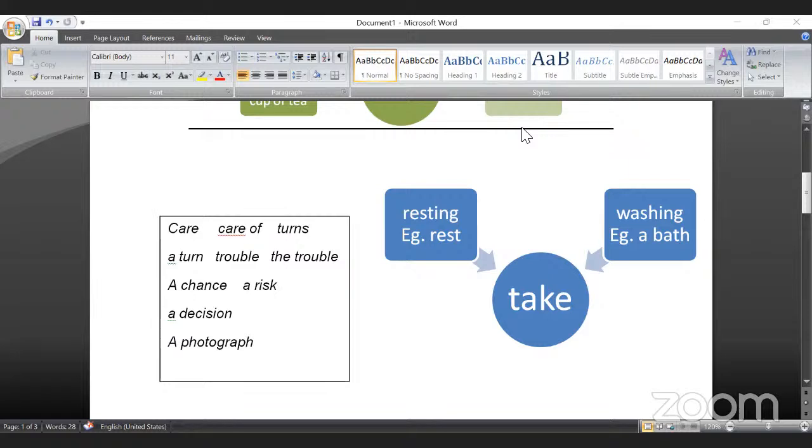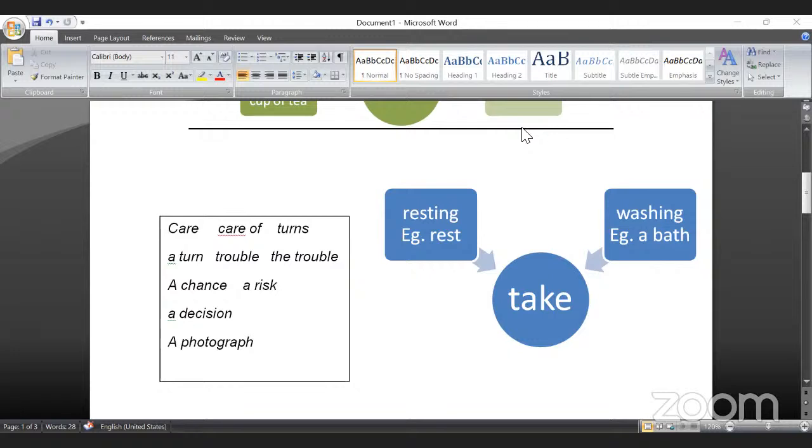Fine. So now, along with the nouns related to resting and washing, the delexicalized verb take can also appear with the bunch of words that you see towards your left hand side, right?